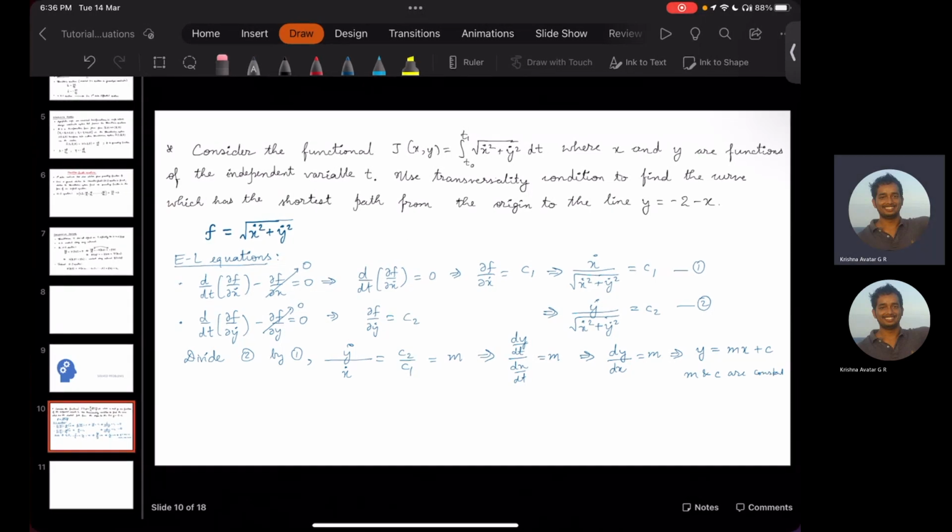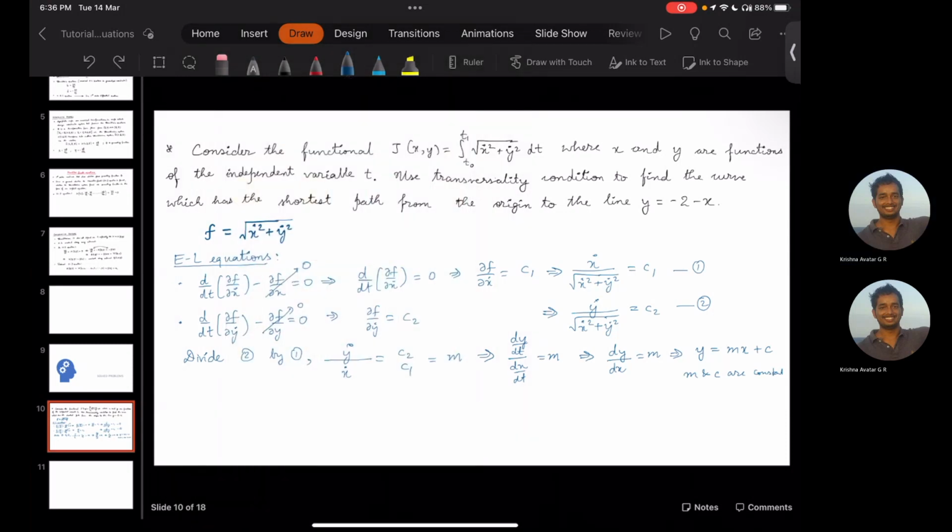Now let's use the one end condition, which was the transversality condition to find a curve which has the shortest path from the origin, right? It says from the origin. So this implies that x at t naught is equal to 0, and y at t naught is equal to 0.